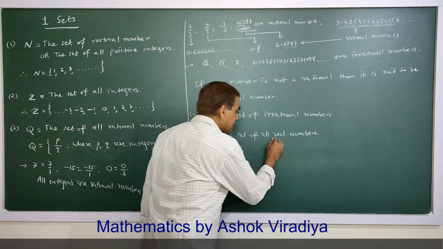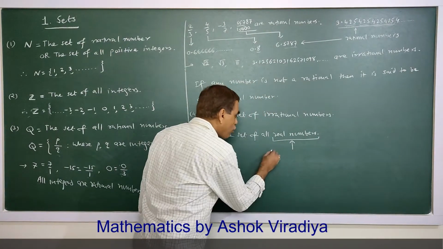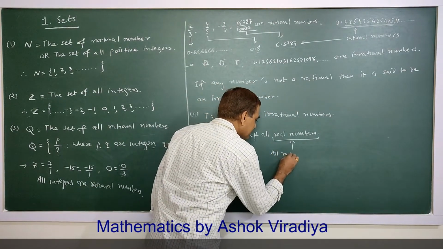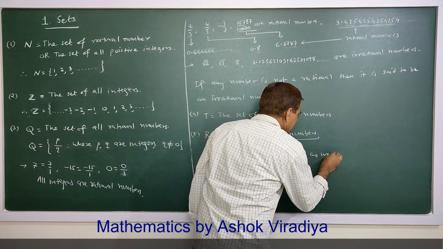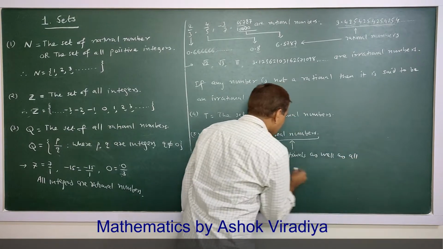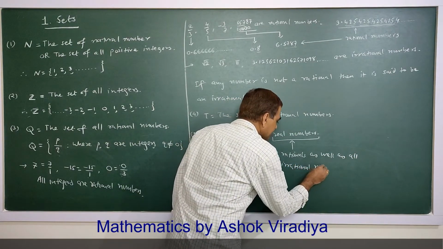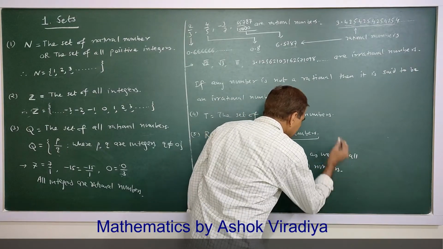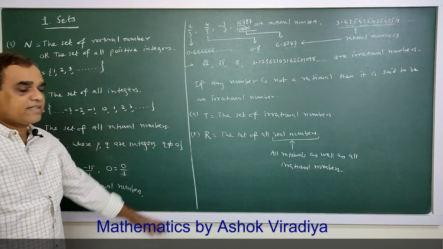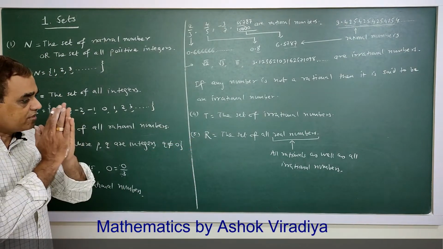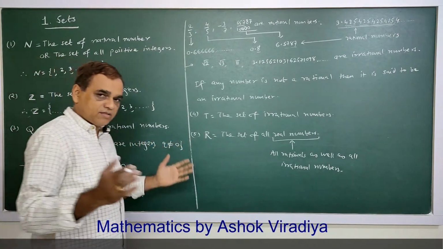Real numbers include all rationals as well as all irrational numbers. R is the biggest set. It includes all rationals as well as all irrational numbers.